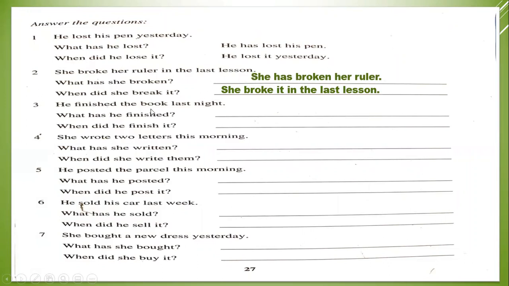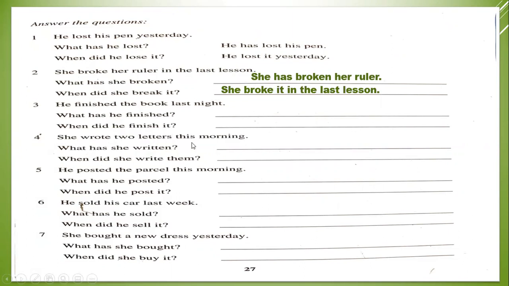He finished the book last night. What has he finished? He has finished the book. When did he finish it? He finished it. The second and third form of the word finish is finished, finished. Both are the same. He finished it last night.